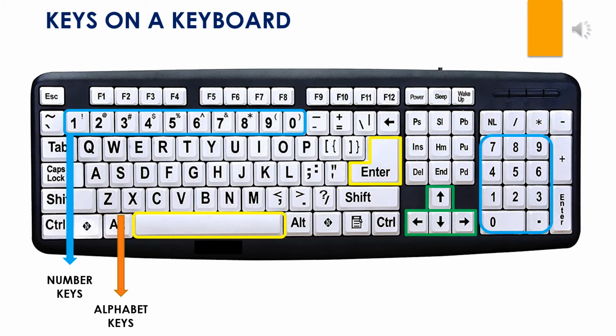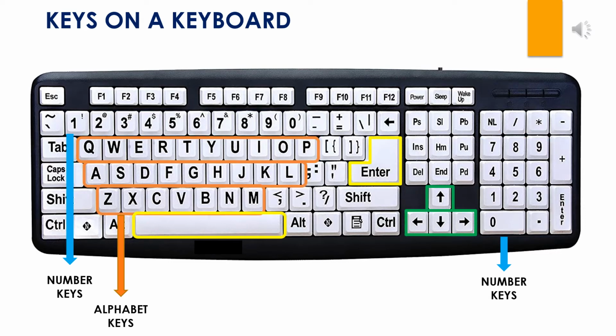Now number keys, there are two sets of number keys. So the first set of number keys are above the alphabet, above the letters on the keyboard. And we have one more set of number keys to the right side. They are also called number keys and they are placed on a numeric keypad.